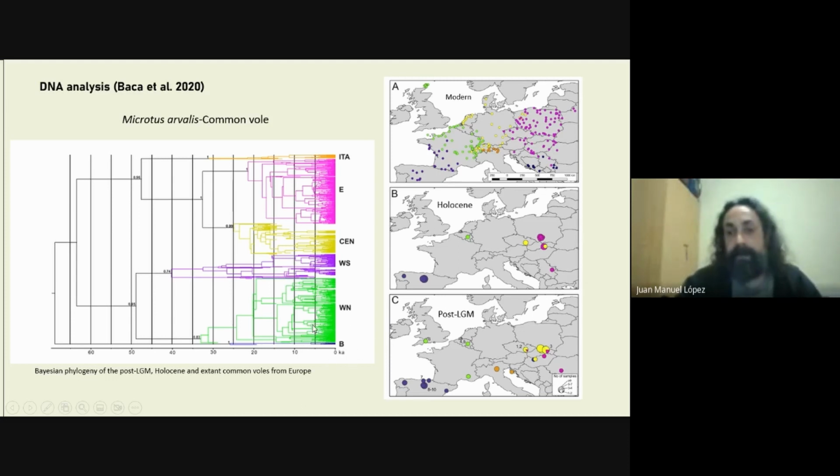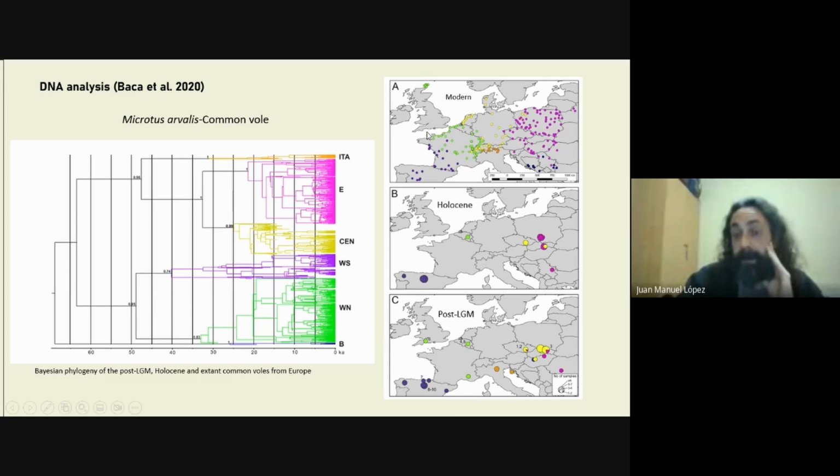And an important thing is that DNA is useful to see where the species come from. For example, here is the Microtus arvalis vole from the Iberian Peninsula after the last glacial maximum and the Holocene.